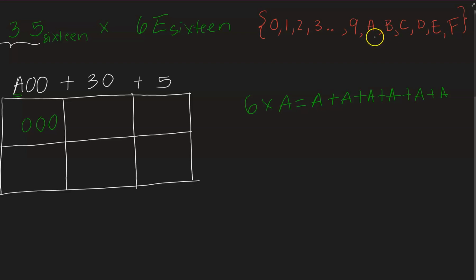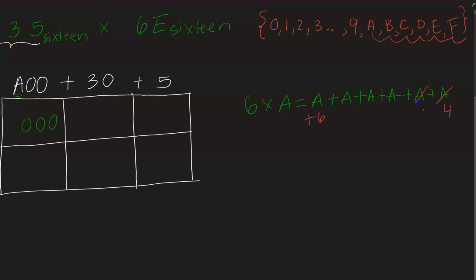Well, you would need 1, 2, 3, 4, 5, 6, right? 6 more will make a full group of 16. So if I take this A and give 6 to here, I will have 4 left.